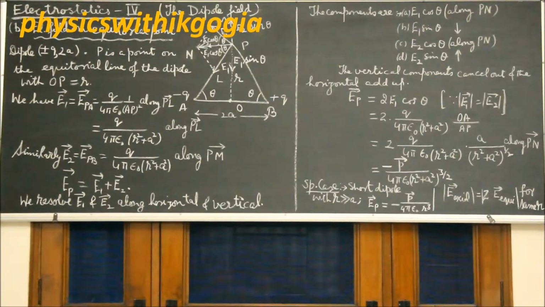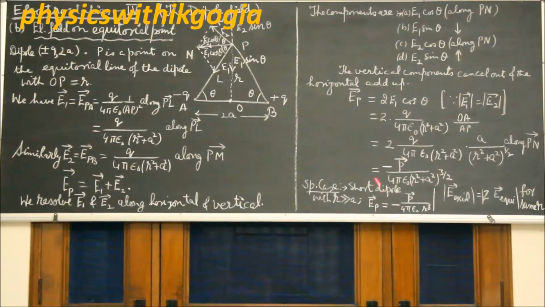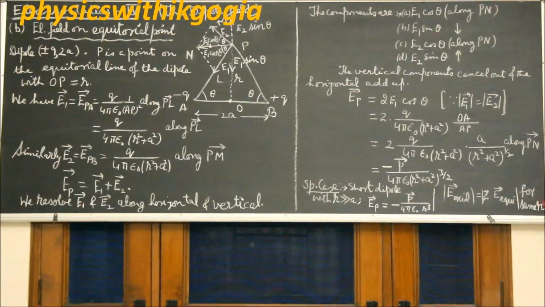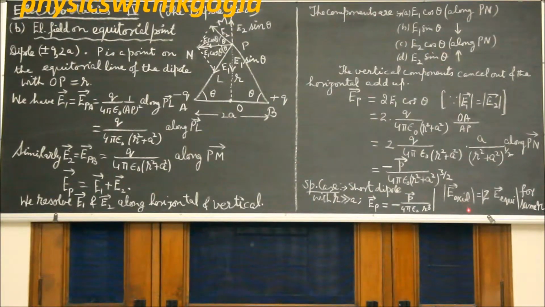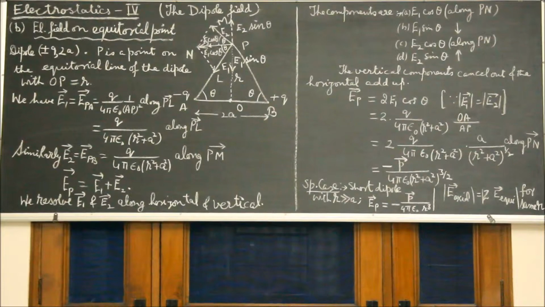If you compare the equatorial field and the axial field for the same value of r, the field on the axial line will be equal to twice the field on the equatorial line. Numerically, this is the relation for the same dipole and the same value of r.